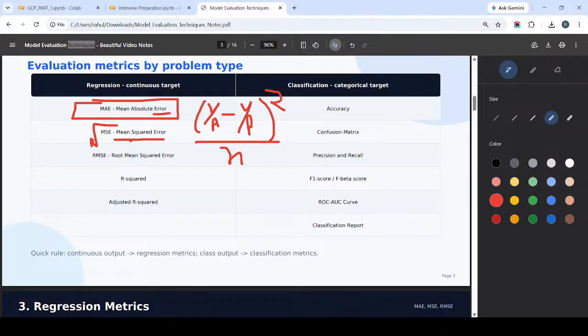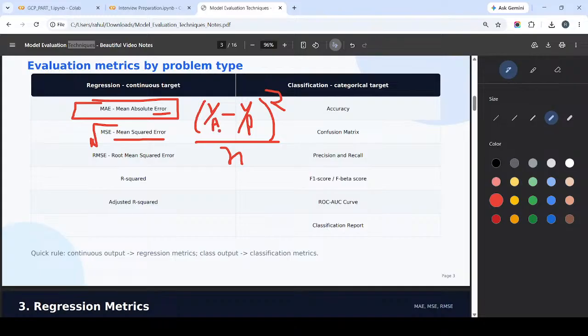So if we already have mean squared error, what is the need of RMSE? This is a question which may be asked in the interview. See guys, here we are doing actual minus predicted. For example, this is the price of a car, and we are developing a model for predicting the price of a car.